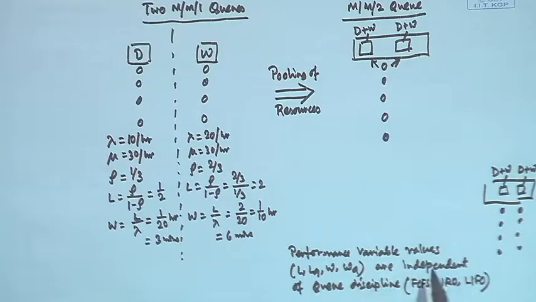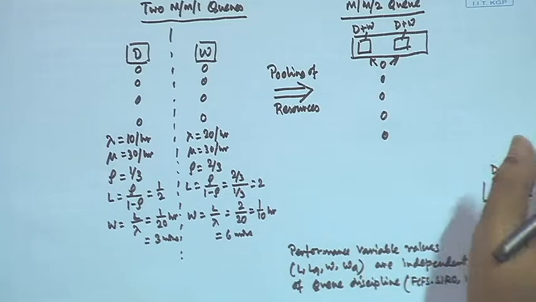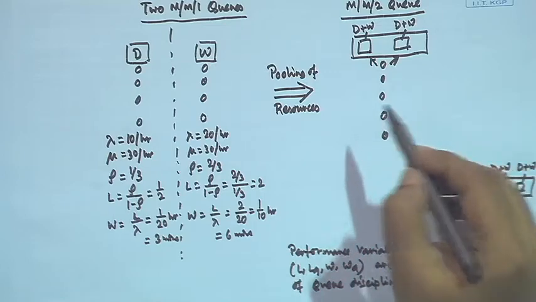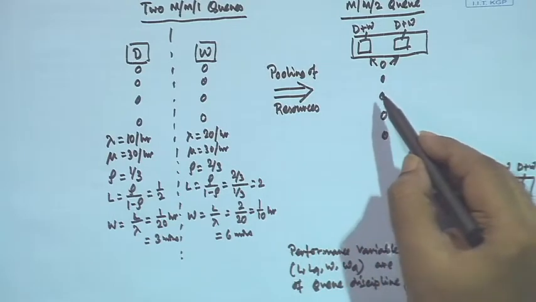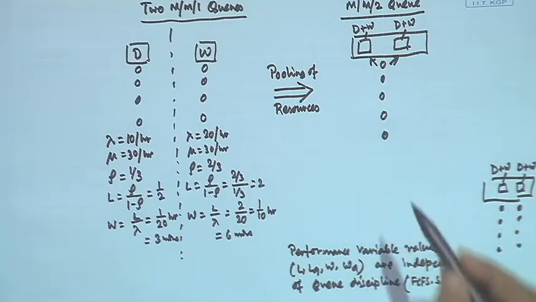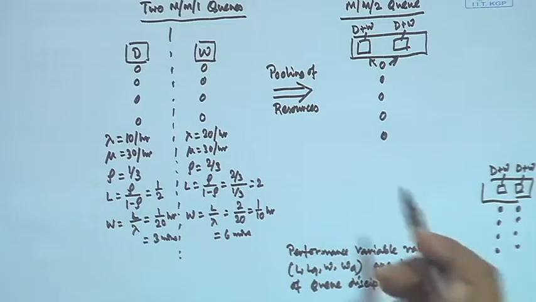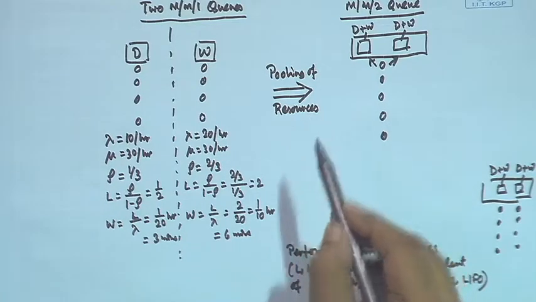Therefore, those performance variable values are independent of queue discipline. So, under those situations, these L, LQ and W, WQ values are not going to change, whether they are standing in two different queues or a single queue. The only thing is that it will make a difference in the service of an individual person. More about that later, but let us see what happens with pooling of resources.